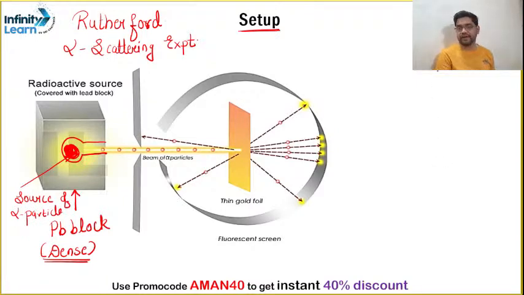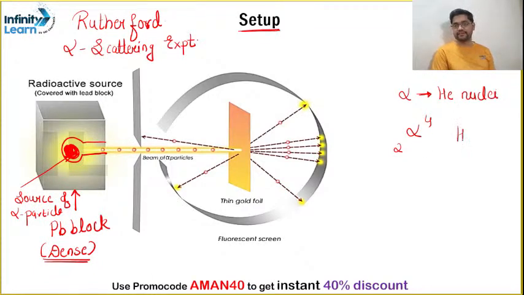Let me give you some idea about the alpha particle. The alpha particle is nothing but helium nuclei. That means it has mass 4 and charge 2. That is He2+, whose atomic number is 2 and mass is 4. Is that clear? So that source was kept.